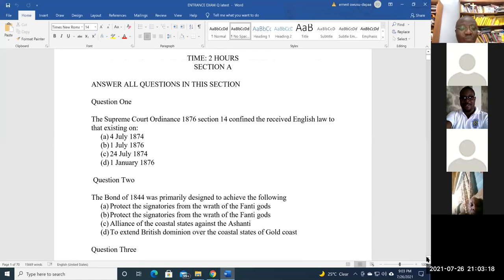For example, I have a question that the Supreme Court Ordinance 1876, section 14, confined received English law to that existing on... Certainly, if you have a question like this, it requires that you either know it or you do not know it.